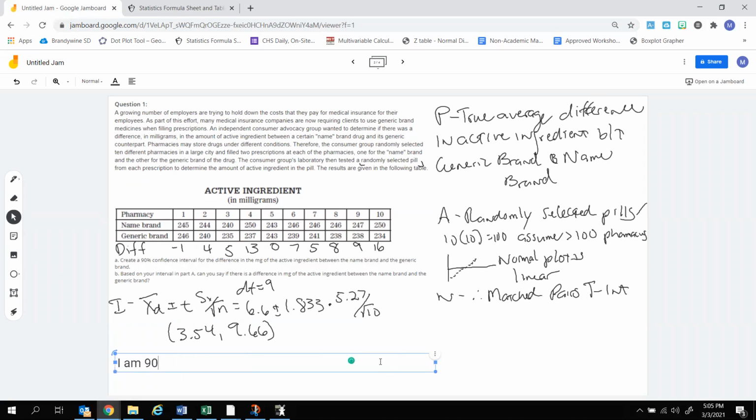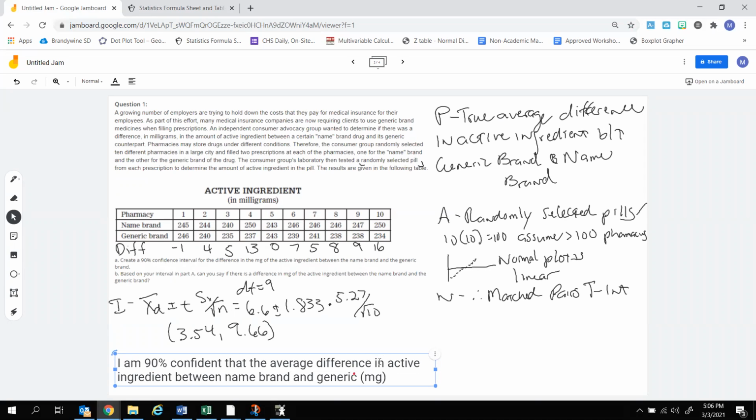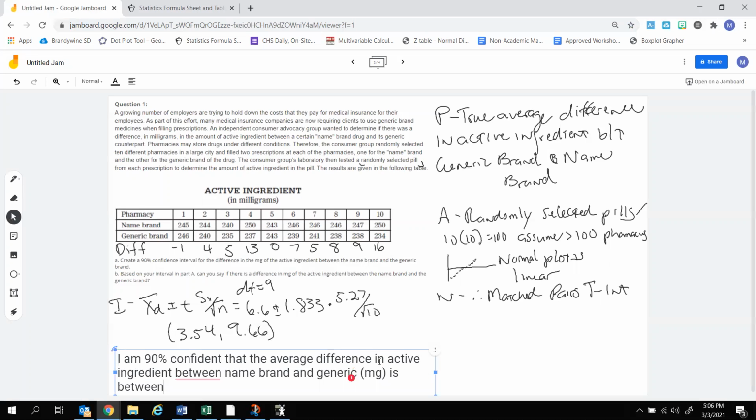I am 90% confident that the average difference in active ingredient between name brand and generic, in milligrams, that's the unit of measurement, is between 3.54 and 9.66.